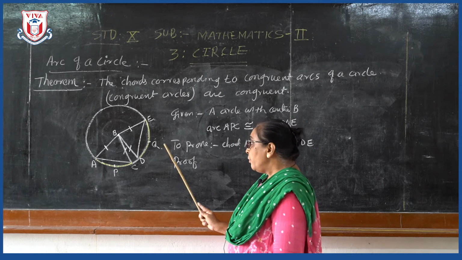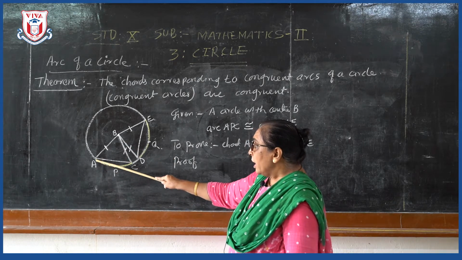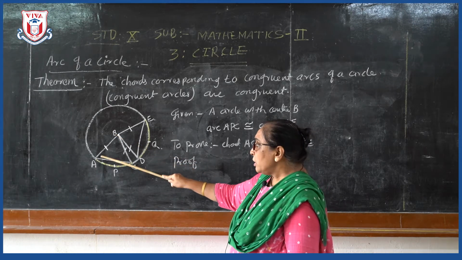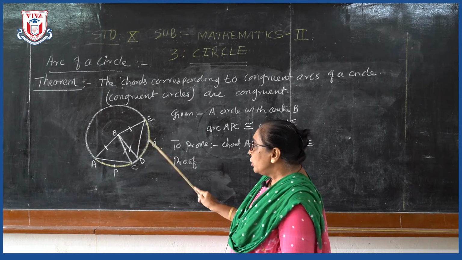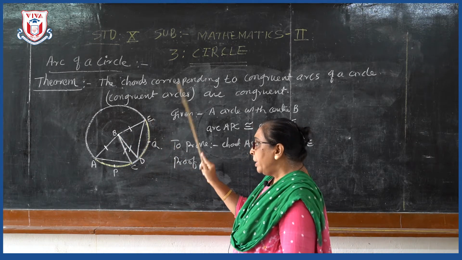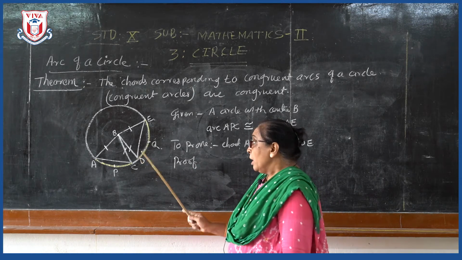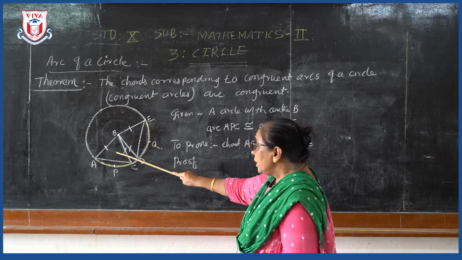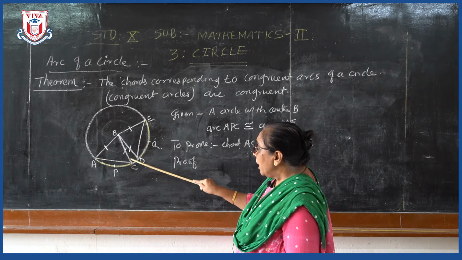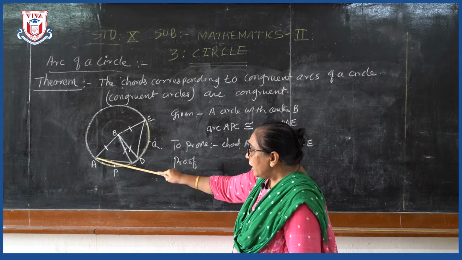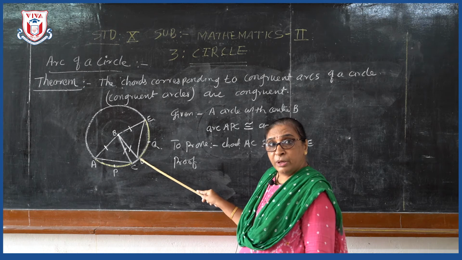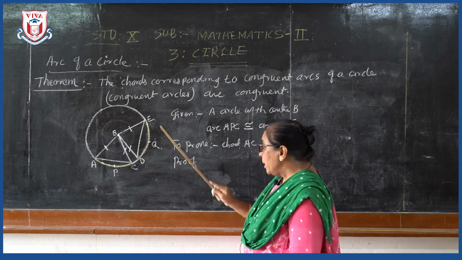Now, for this proof we have to join the endpoints of the chords with the center of the circle. That means all these radii we have to draw: segment BA, segment BC, segment BD and segment BE are drawn here. Now, consider these two triangles, triangle ABC and triangle DBE. AB is congruent to BD because these are the radii of the same circle.